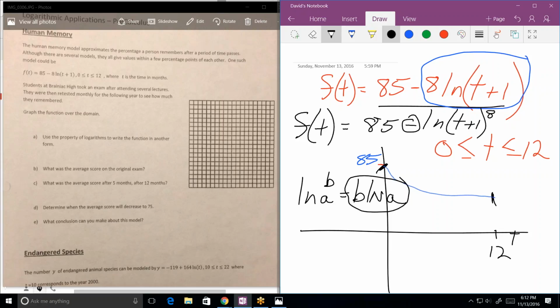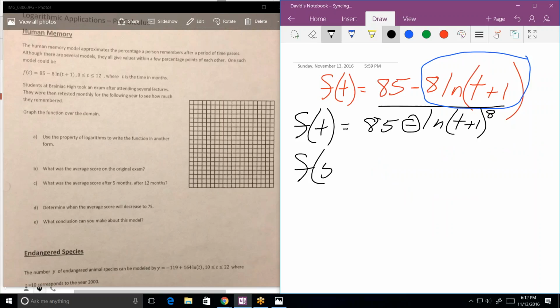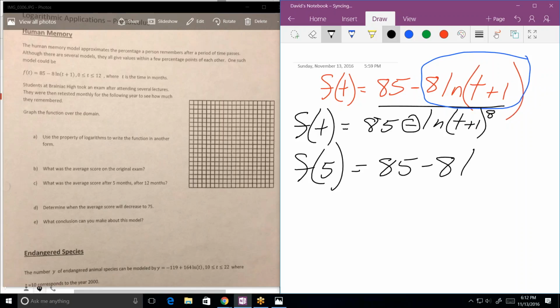What was the average score after 5 months? Wouldn't you just plug 5 for t? Yes, exactly. In other words, what they're asking is, what is f of 5? Well, it's 85 minus the natural log of 6 to the 8th power. I don't really need to write it the way they suggested. I prefer writing it in the original form, because it's easier to calculate from a calculator.